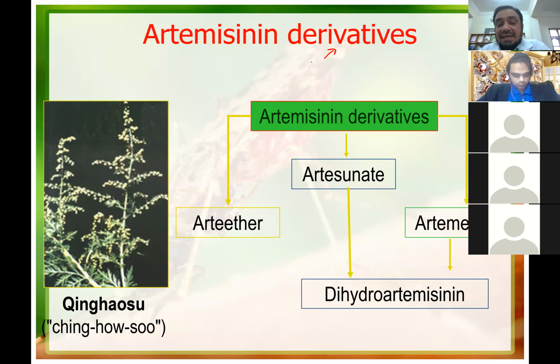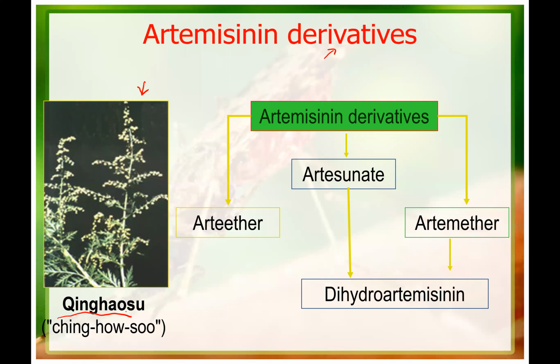All the artemisinin derivatives are obtained from this plant, known as Artemisia annua, also known as Qing Hao Su in Chinese. It is the sweet wormwood plant, and from this all the artemisinin derivatives were synthesized.